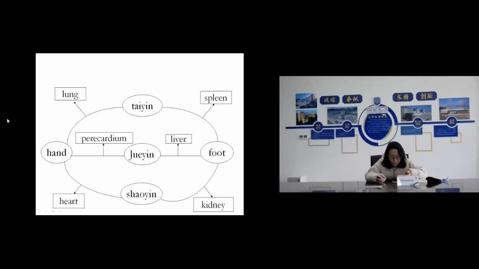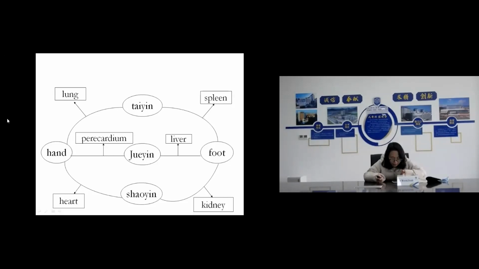So the 12 regular meridians are divided into 6 yang meridians and 6 yin meridians. The 6 yang meridians can be divided, 3 on the hand and 3 on the foot. And the yin meridians can be divided into 3 yin, Tai Yin, Jue Yin, and Shao Yin.